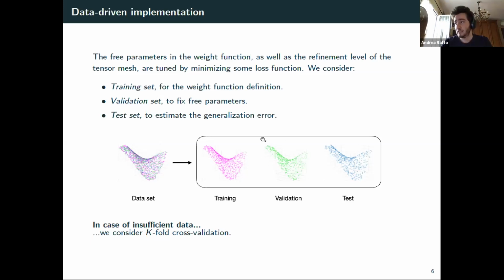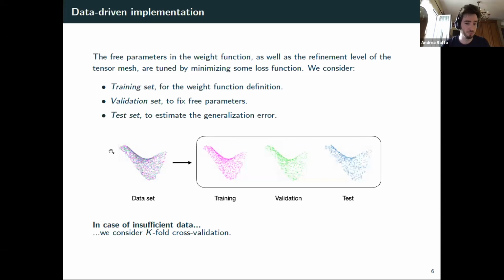Then the validation set is going to be used to fix free parameters, for example, the k in the k-NN, or also the number of iterations of our algorithm. While the last point cloud, the test point cloud, is going to be used to compute a sort of generalization error, which is computed in a way that it's independent from the other two point clouds, the training and the validation point cloud. What is important here is that the training, validation, and test sets should have the same distribution and the same kind of perturbation as the initial dataset.